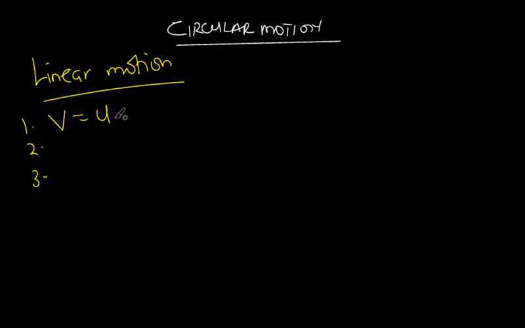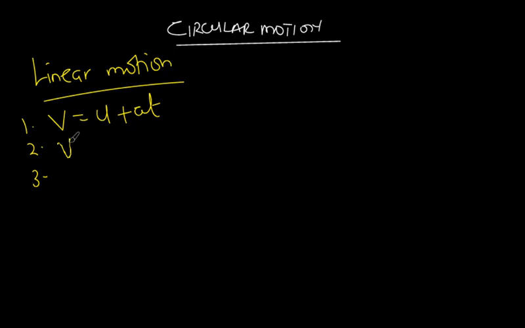So let's look at something very interesting. Let's make some comparison over here. In linear motion, we have three equations. The first: the final velocity is equal to the initial velocity plus acceleration times time.